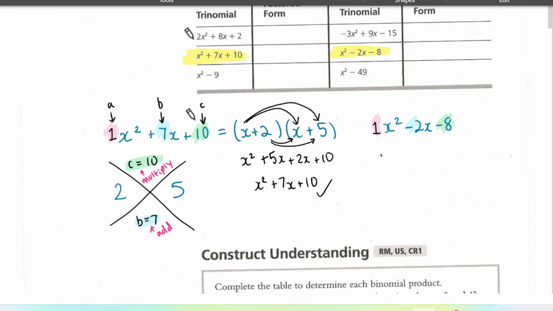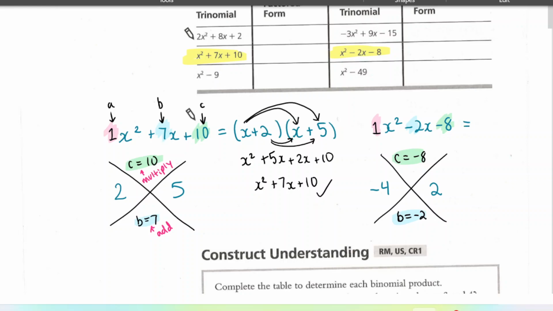So I like to write this in a little X just to organize my work. c is equal to -8, b is equal to -2. So I'm looking for two numbers that add to -2 and that multiply to -8. If you guess and check a bunch of things, you'll find eventually that the numbers are -4 and +2. Those add to -2, and they multiply to -8.